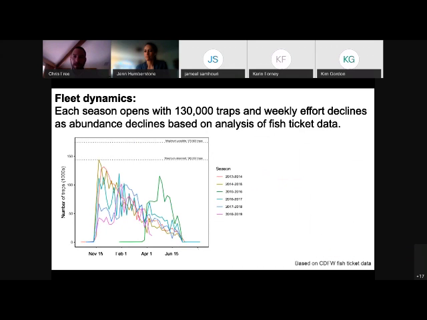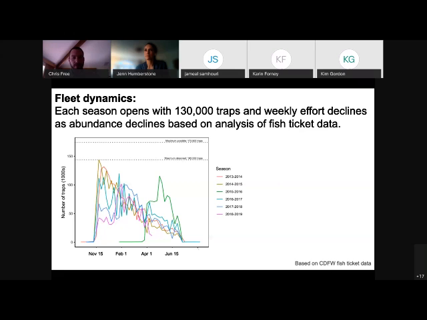Then we need a way of simulating the fleet that is targeting that resource. So we reconstructed historical fishing effort based on that fish ticket data, where we make the assumption that every vessel is deploying all of its traps every week that it is going out and fishing. And you see that reconstructed fishing effort for the past 6 seasons plotted here.